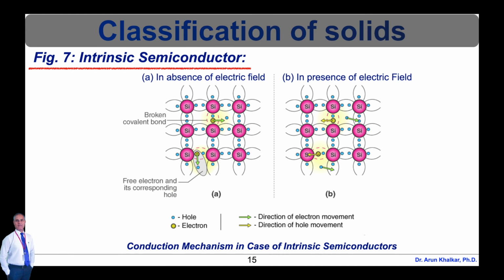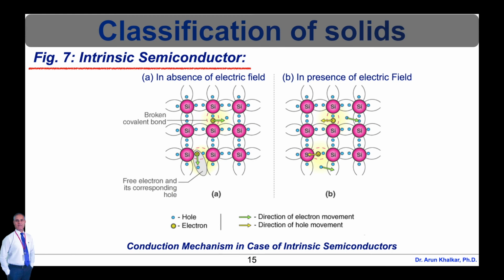The negative and positive charge carriers are equal in number. The thermal energy is capable of ionizing a few atoms in the lattice and hence their conductivity is less. The lattice of pure silicon semiconductor at different temperatures: at absolute 0 Kelvin, the covalent bonds are very strong and there are no free electrons, and the semiconductor behaves as a perfect insulator.